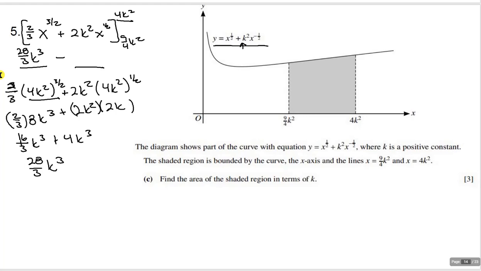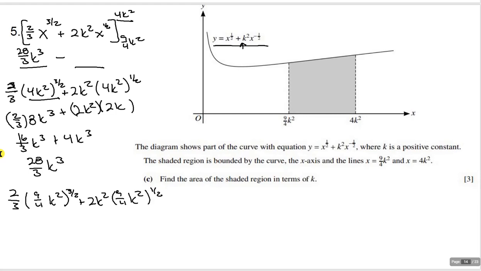Now I'm going to plug in the 9/4 k squared. So that looks kind of the same way. I'm going to start here. It's going to be 2/3, only it's going to be 9/4 k squared to the 3/2 plus 2k squared, and it's going to be 9/4 k squared to the 1/2.